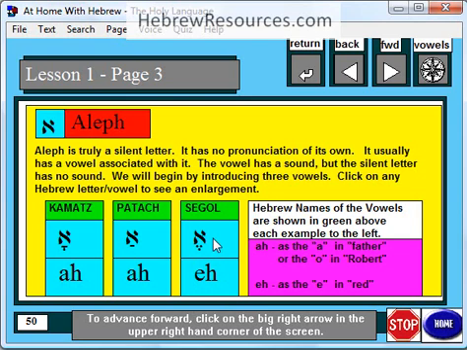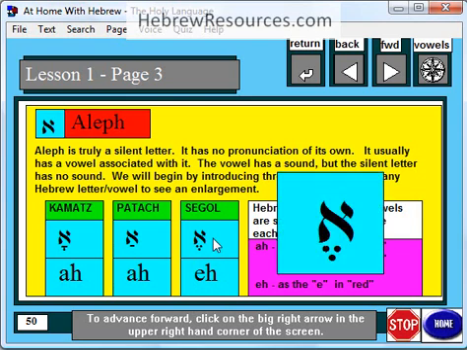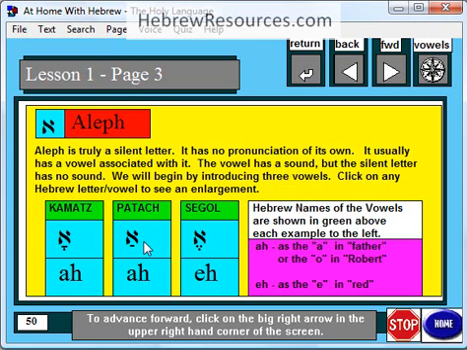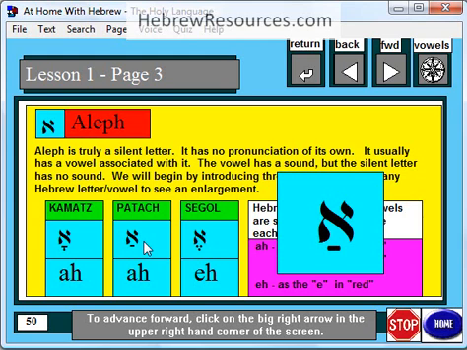So when I click on this, the computer pronounces it. And it also gives you a nice bigger version of it so you can clearly see the letter. And then this letter, the patach and the kamatz are in modern Hebrew basically pronounced the same. They both have the ah sound.